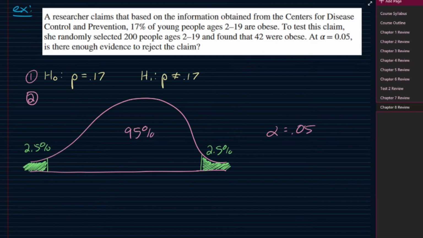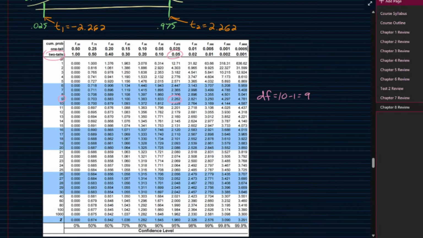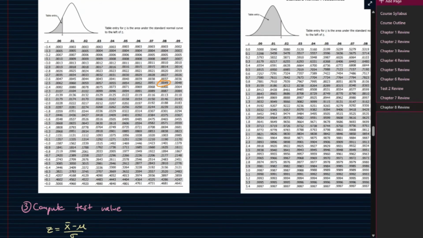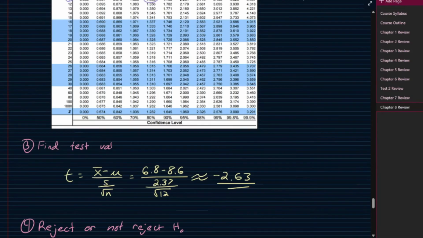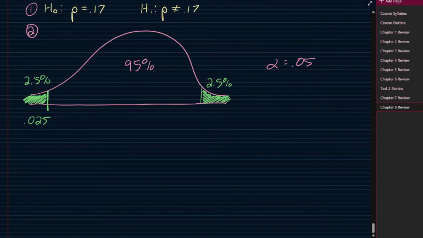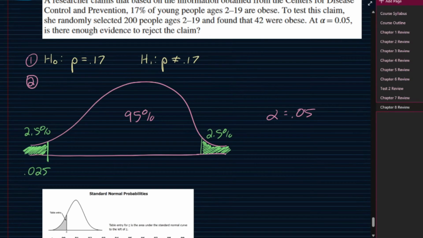So let's look up the one on the left. To look up the one on the left, we're going to look up the value that gives us the area closest to 0.025. So where's my z table? So I'm looking for the area closest to 0.025.